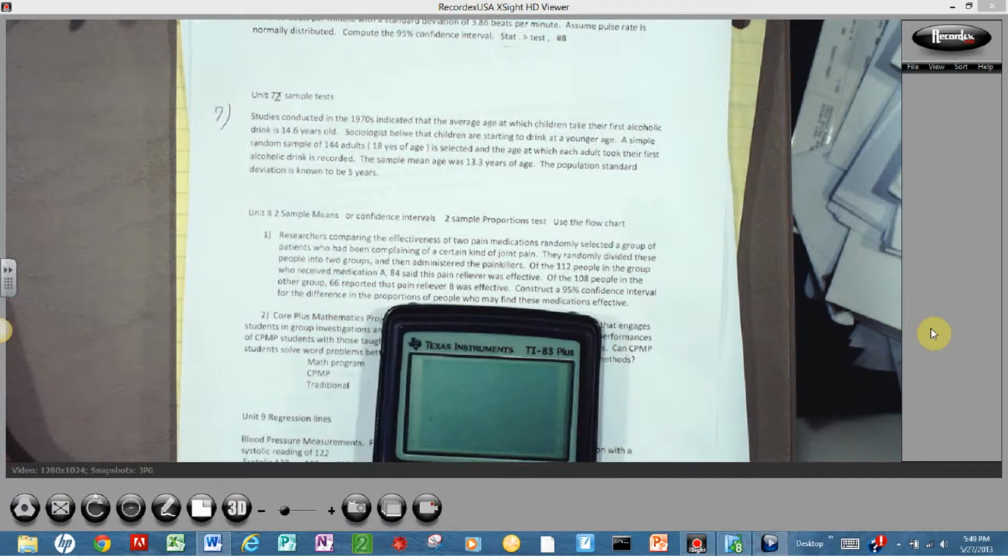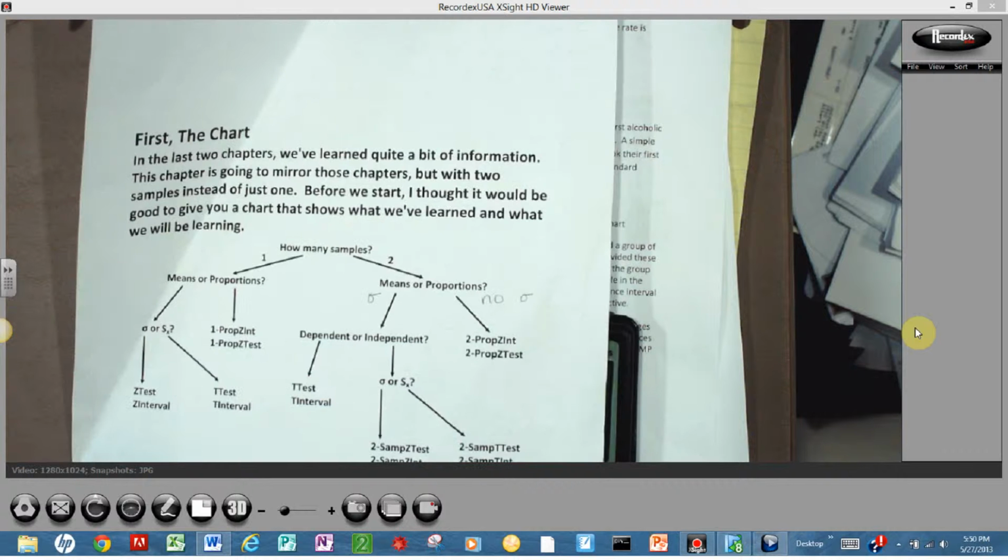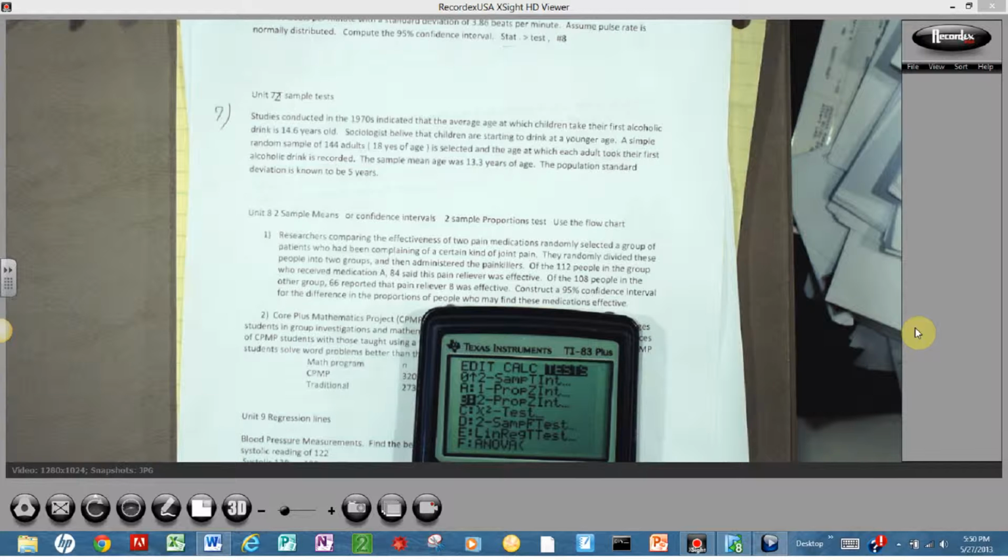So I've got the calculator ready now, and what we need to do here is go to STAT, go to TESTS, and going up from the bottom, a two proportion Z interval is what we decided on by looking at the flowchart. If I choose that, I put in the numbers I know.